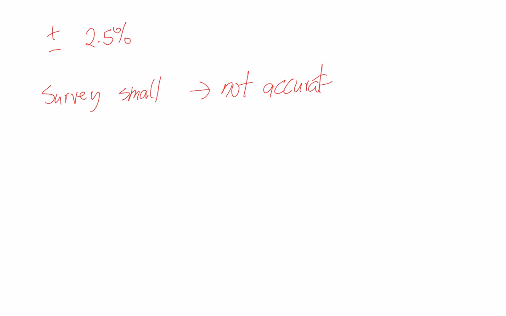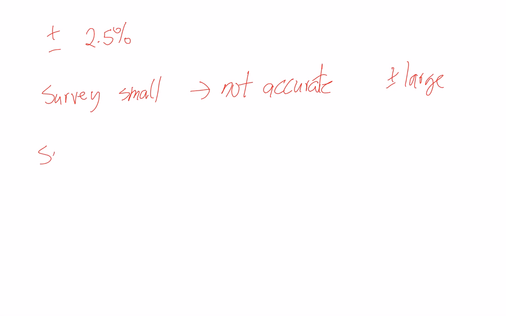One other thing is our plus or minus number. For that last example, we looked at a plus or minus of 2.5%. If our survey is small, so if we only survey 10 people, it's not going to be very accurate, and typically our plus or minus would be a big number.